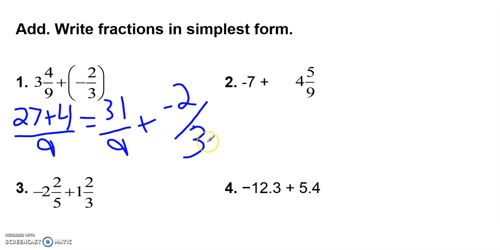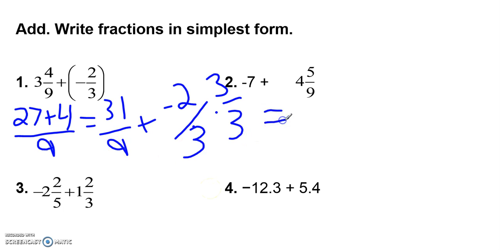Okay, so I see that these are different denominators, and I want them to be the same because in order to add and subtract fractions, we want the denominators to be the same. And then we only have to worry about the numerators when actually adding or subtracting them. So I know that 3 is a factor of 9, so I'm going to multiply this fraction by 3 over 3 because that's going to give me the denominator of 9.